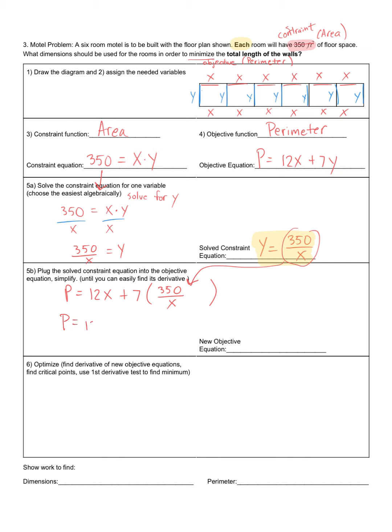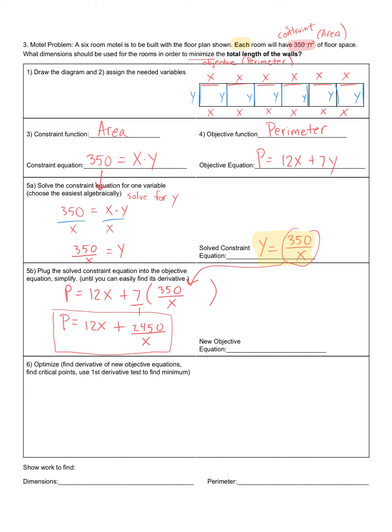P is equal to 12x. I'm going to leave that term alone because that's an easy derivative. But I'm going to multiply these two together. So I'm going to make 7 a fraction. I'm going to put it over 1. So if I multiply tops, 7 times 350 is 2450, and on the bottom I have x. All right, so there is my new objective equation.